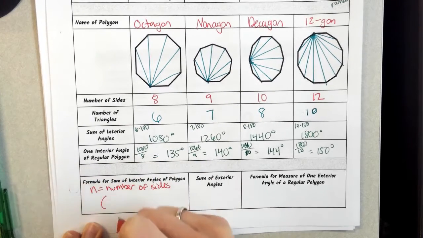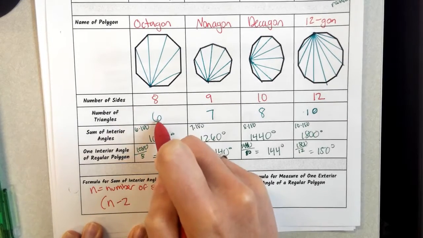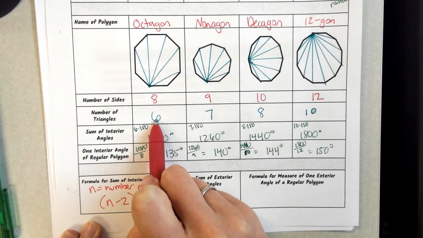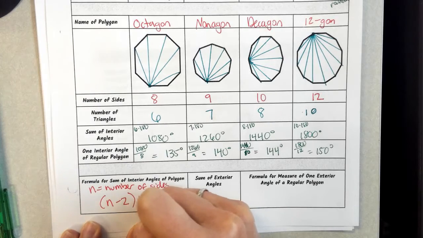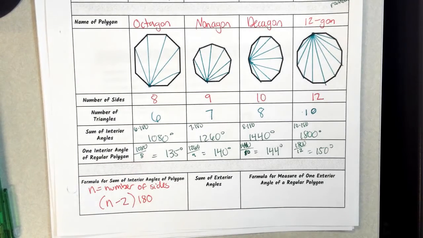So I'm going to take my n minus 2, my number of sides minus 2, and then that's my number of triangles. Once I know how many triangles there are, I multiply that by 180 because each triangle has 180 degrees. So that would be our formula for that one.